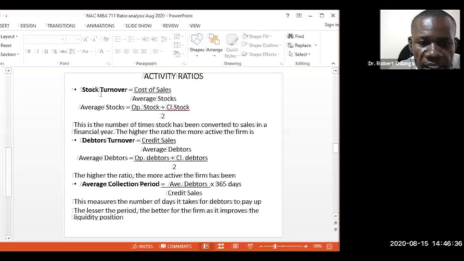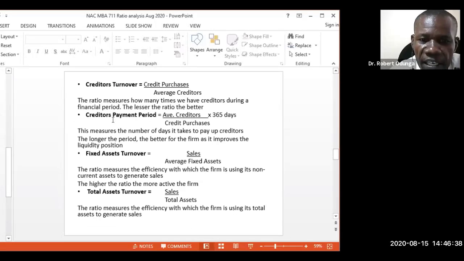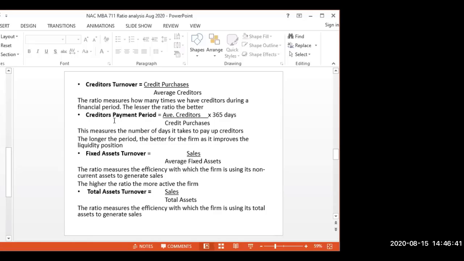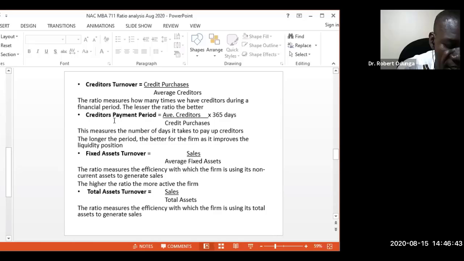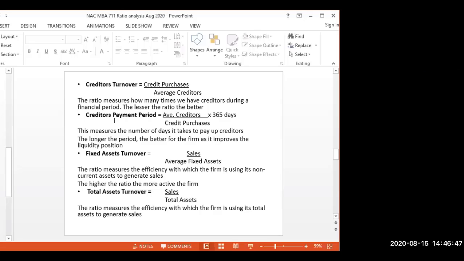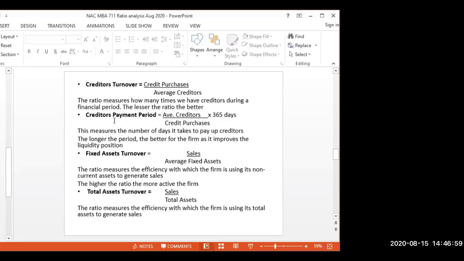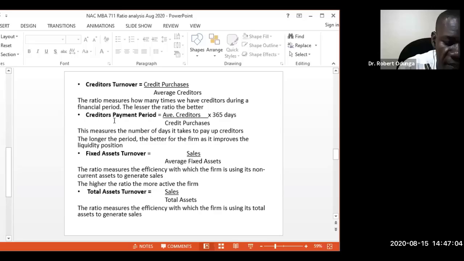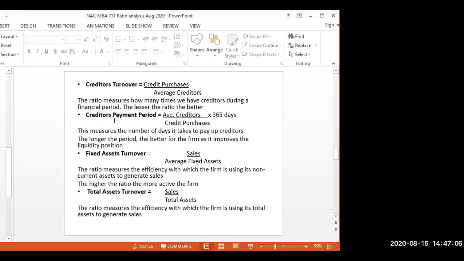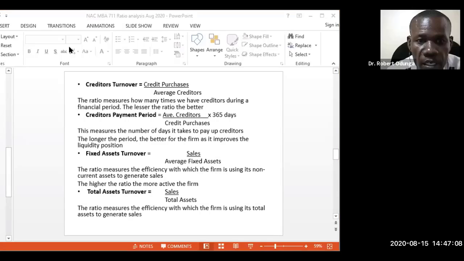Creditors payment period in days is equal to average creditors over credit purchases times 365 days.